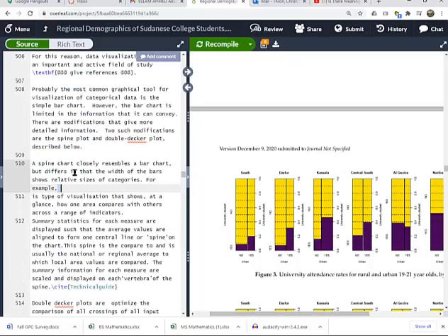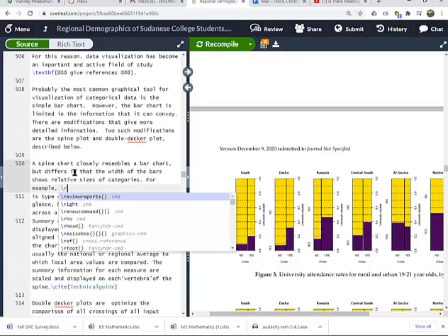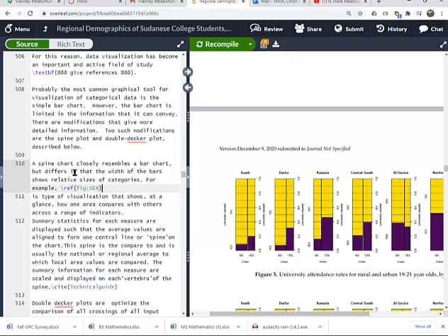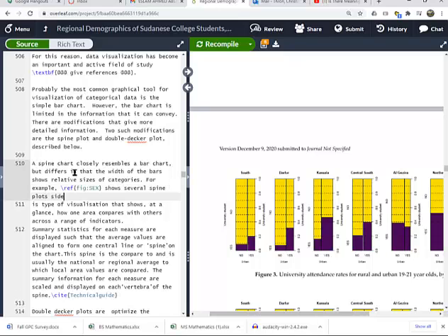Then, for example, figure 3, figure 6 shows several spine plots side by side.